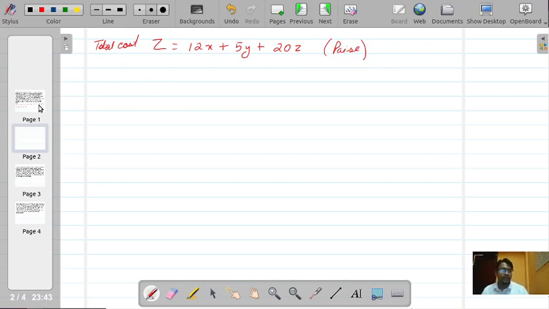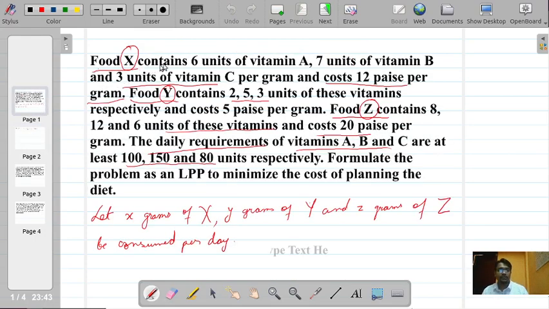And then the other restrictions: food X contains 6 units of vitamin A, food Y contains 2 units of vitamin A, and food Z contains 8 units of vitamin A. It is assumed that the person is eating all these three types of foods, so the total amount of vitamin A taken by the person will be the sum of all these.